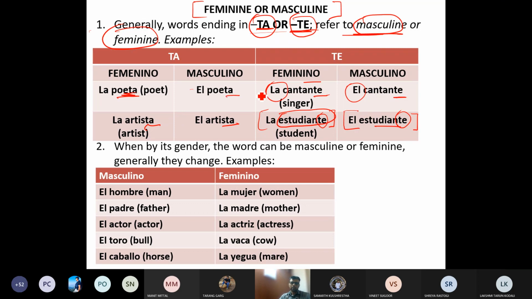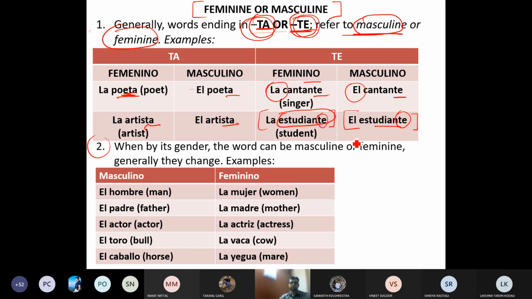Do remember that. This rule can be applied only when an opposite gender exists for that particular noun. You cannot randomly apply it to any noun ending with TA or TE. You have to see whether an opposite gender exists or not. Then only you can do it, otherwise it will be incorrect. Basically for non-living things, it could not be applied. So you have to be careful.